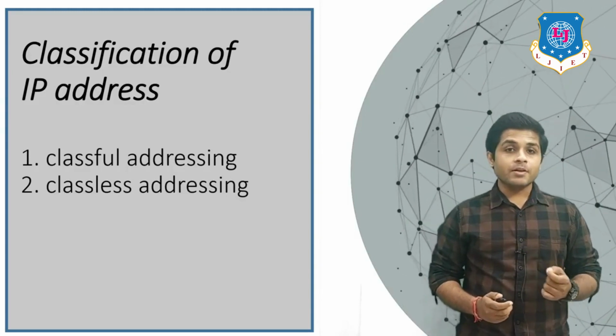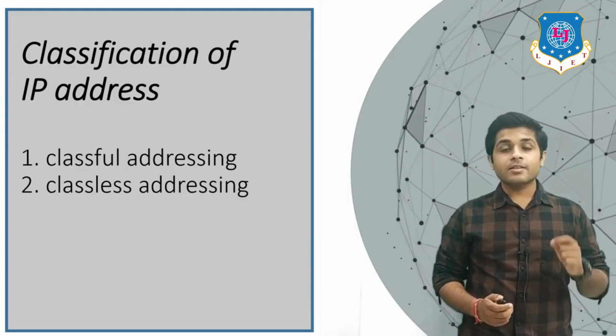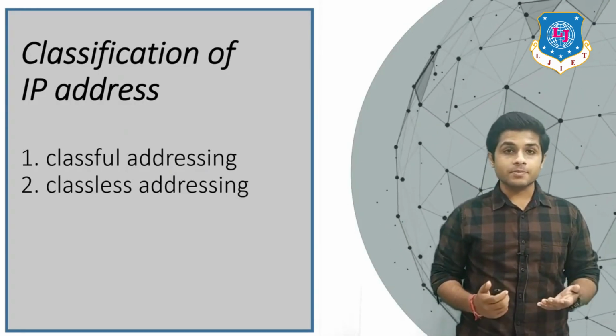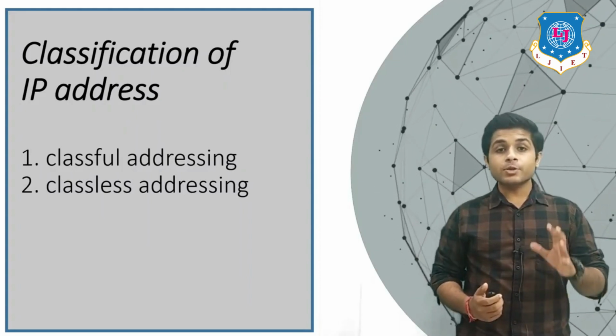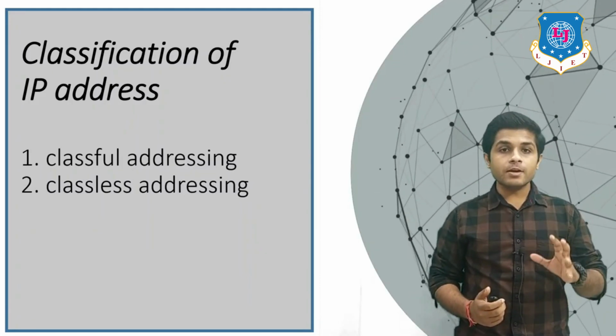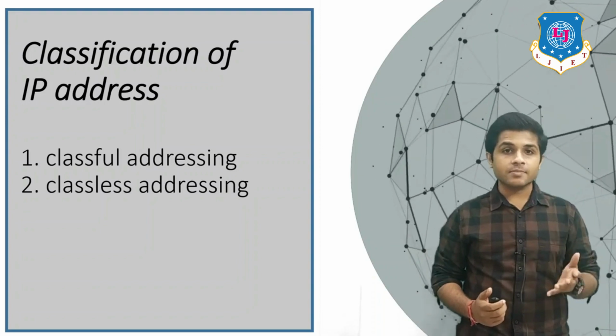If you remember, the IPv4 address length was 32 bits. So 2 raised to 32 means 4 billion IPv4 addresses are there.